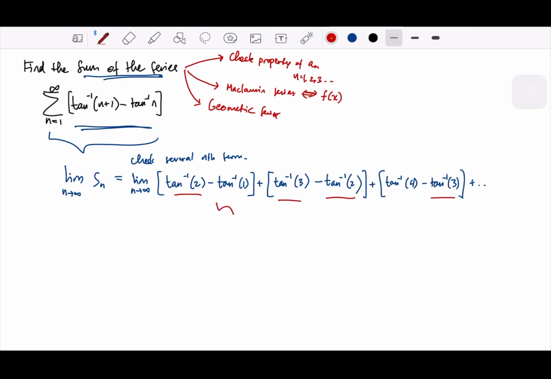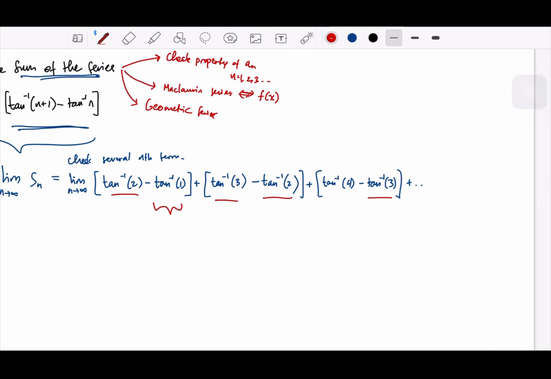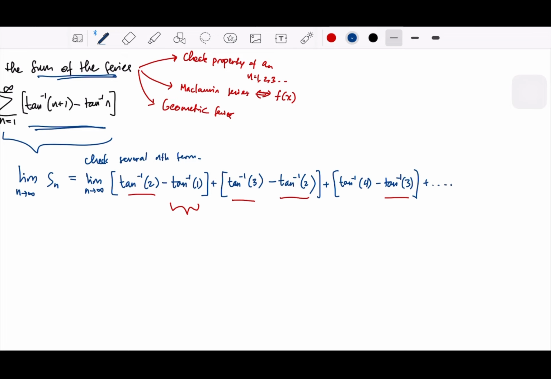So we are going to have this in the front, right? And we will have a series of pattern that is perfectly aligned with the tangent inverse n plus 1 minus tangent inverse n. And as usual, as in the pattern, all this will be cancelling.